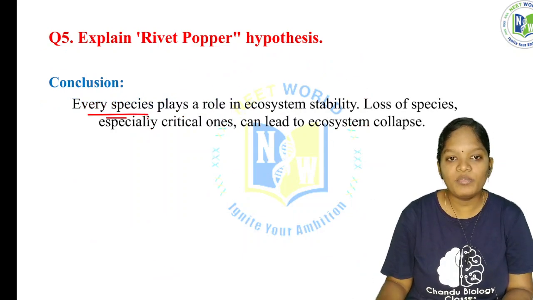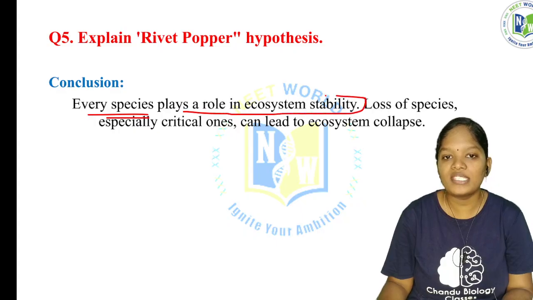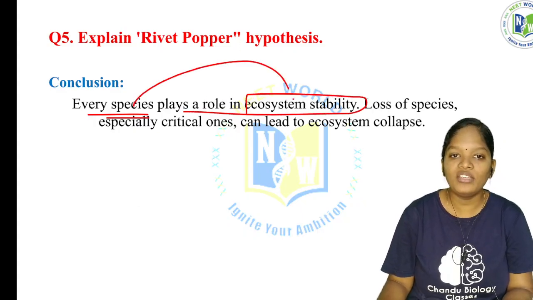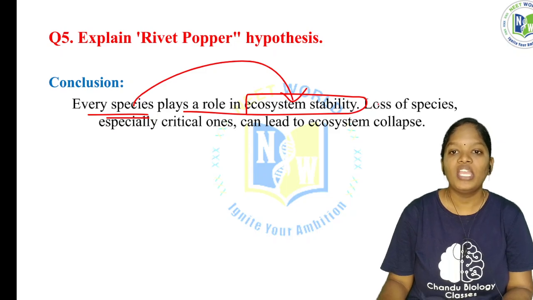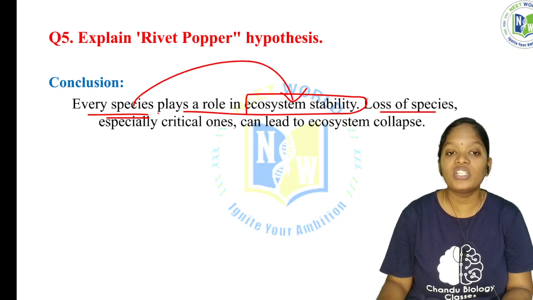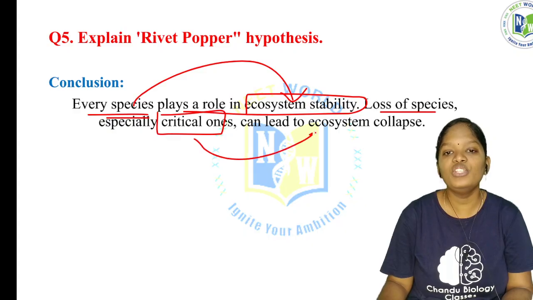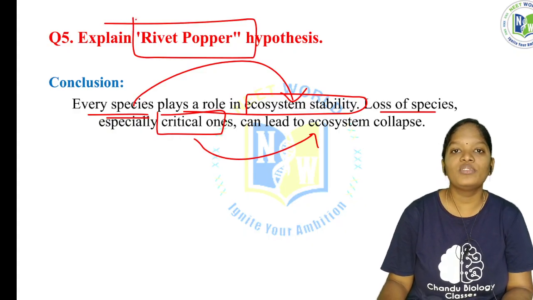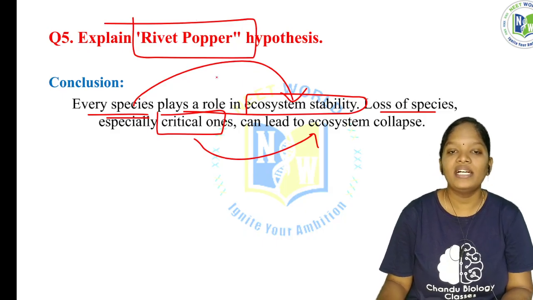Every species plays a role in ecosystem stability. Each and every species is important for that particular ecosystem. If we lose that species, especially a critical species, it can lead to ecosystem collapse. This is the Rivet Popper hypothesis put forth by Paul Ehrlich.